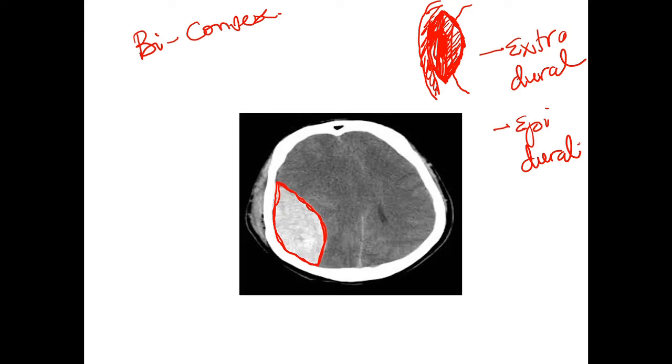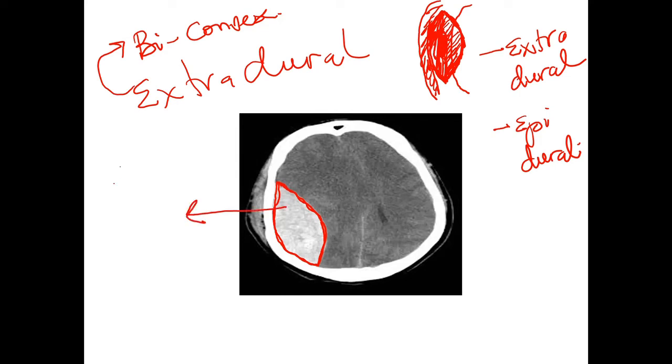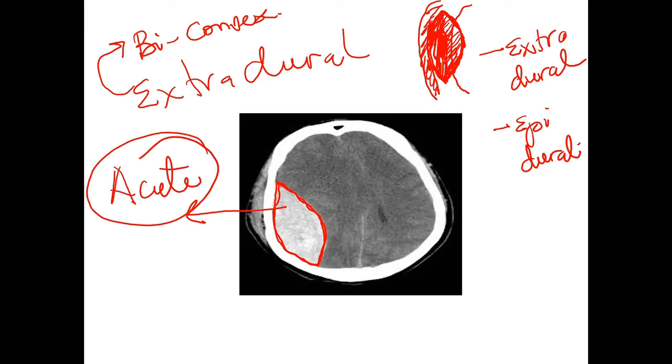From this image, we've noted that one, this lesion is extradural because it is biconvex. Two, from this image, we can say it is an acute lesion because the bleeding there has a lot of iron in it. It's a sudden bleeding.